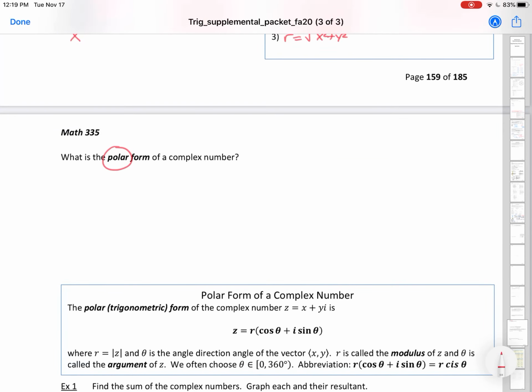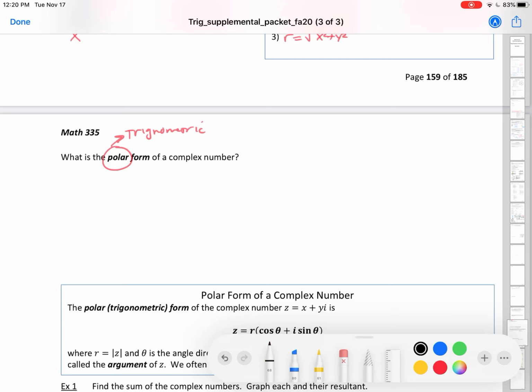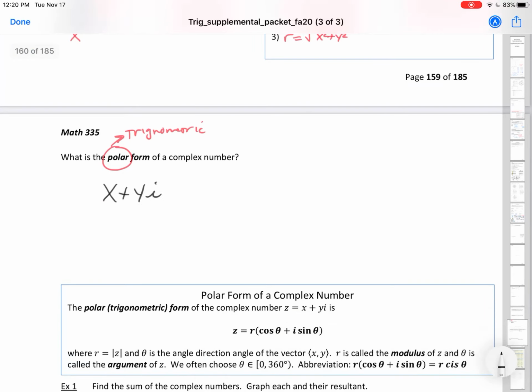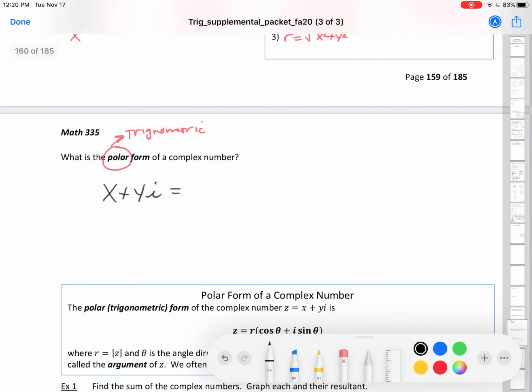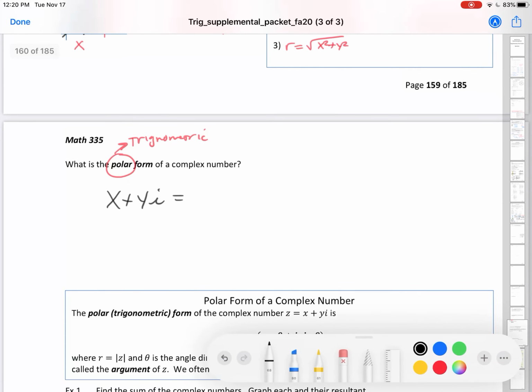So they use this word polar. Polar is often trigonometric in nature, so I would call it a trigonometric form as well. Let's start with the rectangular form. The rectangular form was x plus yi. And what we now know is that a polar form is one that has an angle, right? A magnitude and an angle.